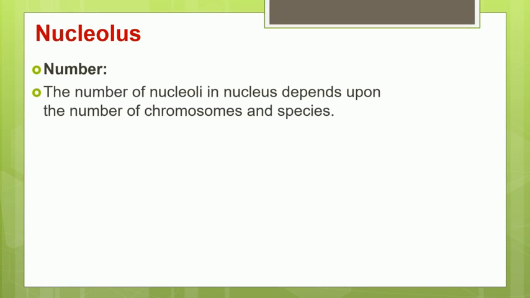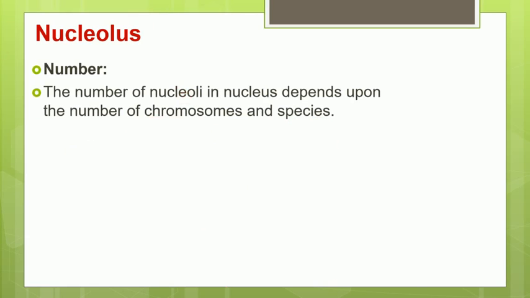Now let us see how many nucleoli are present in the nucleus. Normally the number of nucleoli, the plural of nucleolus, depends upon the number of chromosomes and the species of the organism.